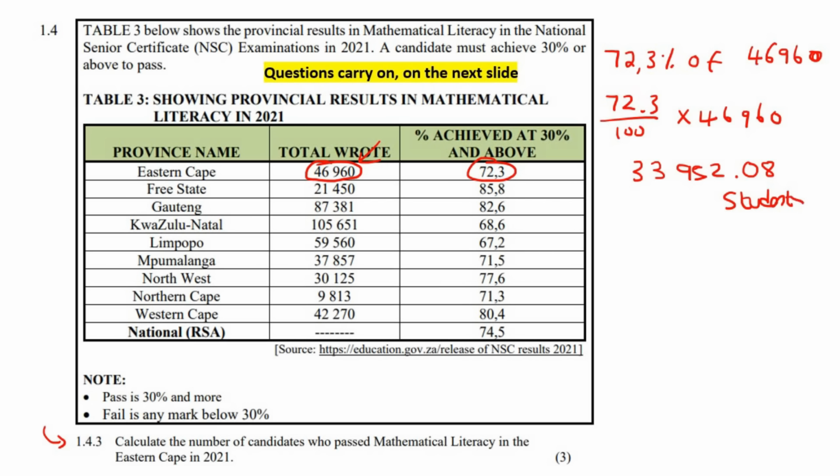Because it's students, we can't really just leave it like that, so we can round it down to 33952 students. To be honest, I'm not quite sure why we have to round up or round down.